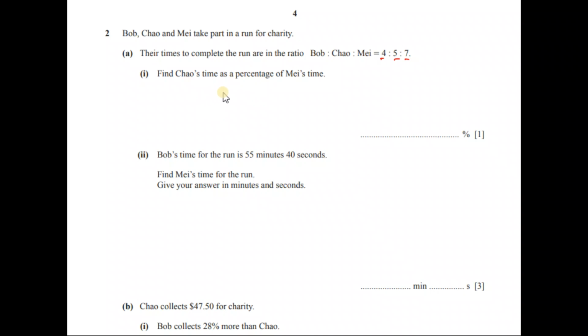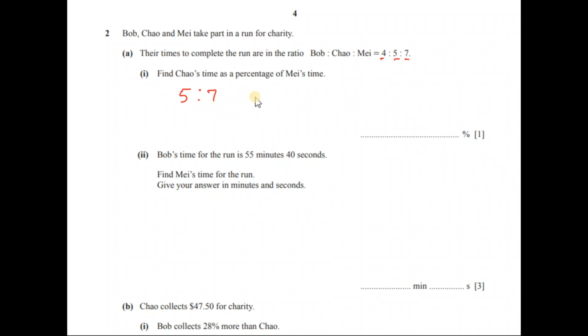So we just write the ratio of Chow's to me's, whatever ratios we have, and we will write them in the form of a fraction. So Chow's is 5 and me's is 7.